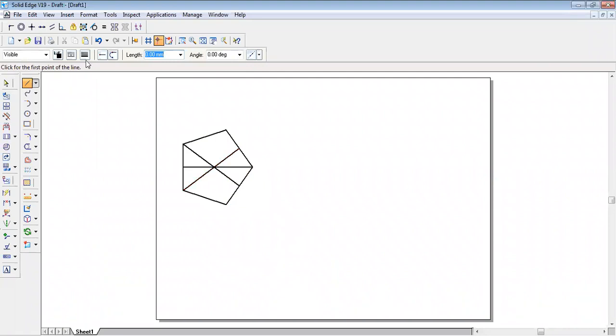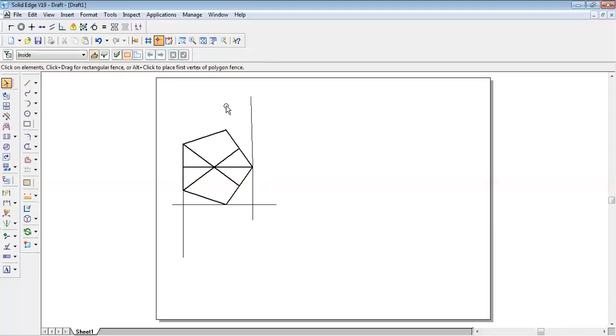Before proceeding with that, I need a center point of the pentagon. This much is sufficient. Next, we'll draw the lines. These are the construction lines which are essentially required to draw the pentagon in the software.